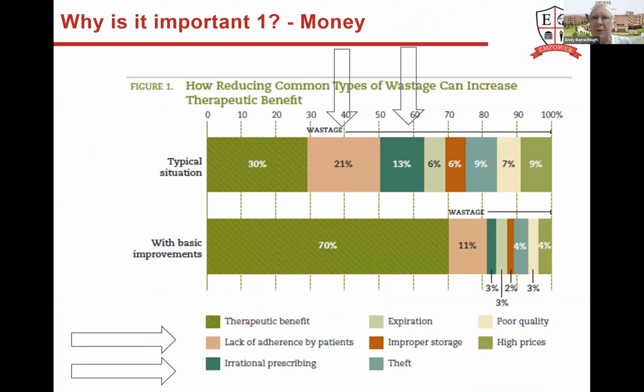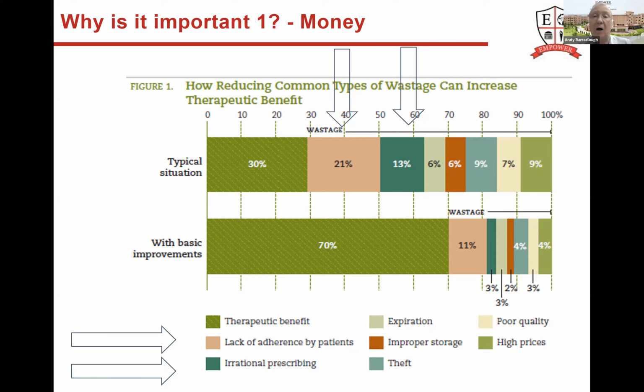Well, why is it so important, this rational medicine use? I think you've seen this chart quite a few times throughout the course. It's one we did way back in 1980, but it's still current, it still works, it still follows. If we look at how much benefit the medicine that we buy actually does, and we call that the therapeutic benefit.